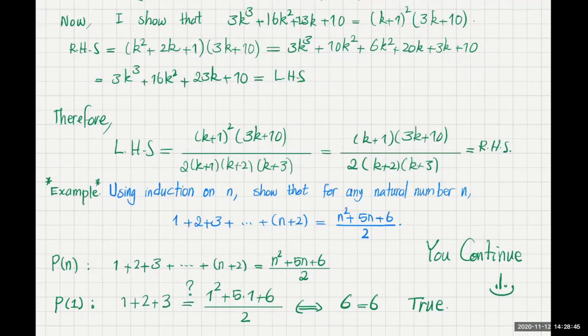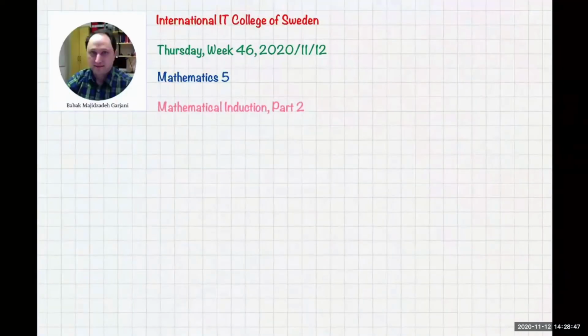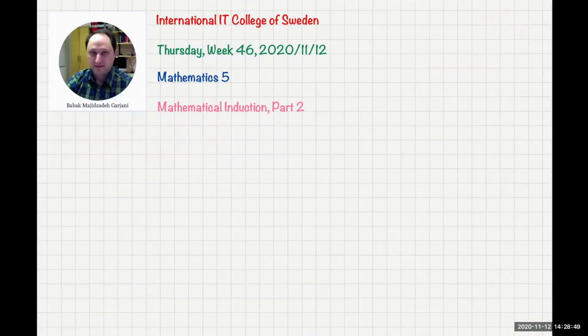Okay, now let me give you another one, which is also very important. You might have this feeling checking P1 is irrelevant, because this is going to be true. So why should I bother and check P1 all the time? First of all, I hope that at this level you understand, you feel, that this is indeed necessary, yes?